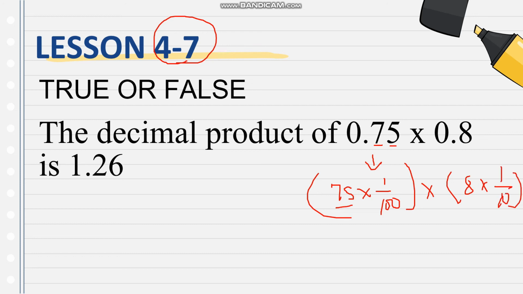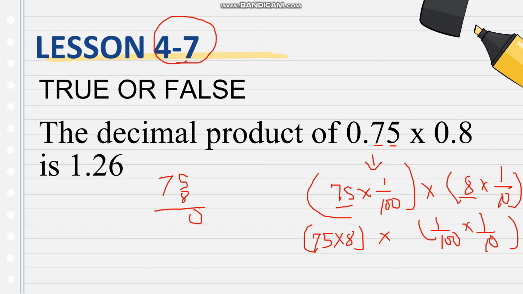Then I will combine the whole numbers 75 multiplied by 8, then 1/100 multiplied by 1/10. What is 75 multiplied by 8? This is 40, regroup 4. 56 plus 4 is 60. So this is 600. Then 1 times 1 is 1, and 100 times 10 is 1000. So 600 over 1000.